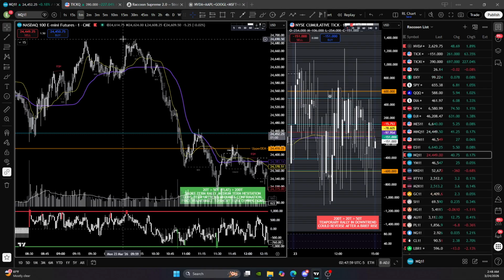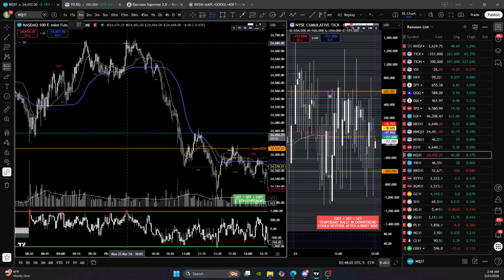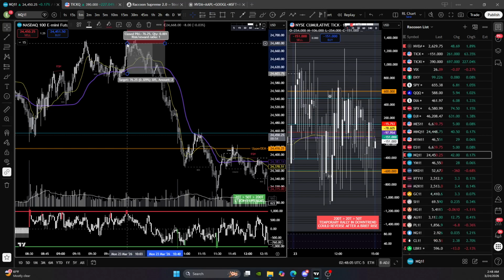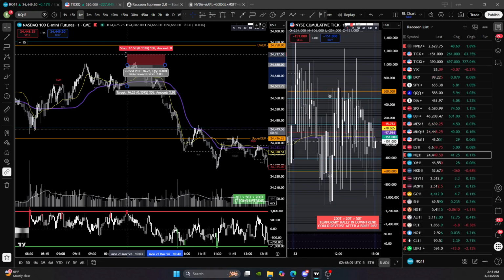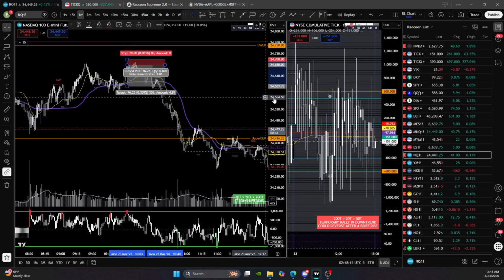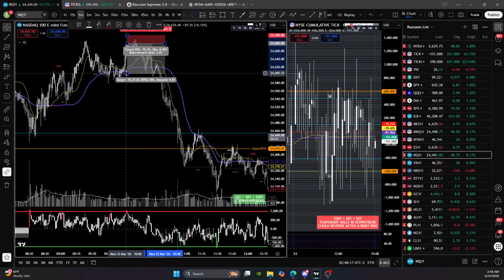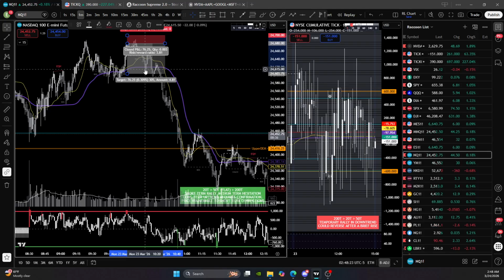Now, your best bet is to play it as if, once it happened, you do roughly 10 points, and then you send it to the 0 level, which happened over here.